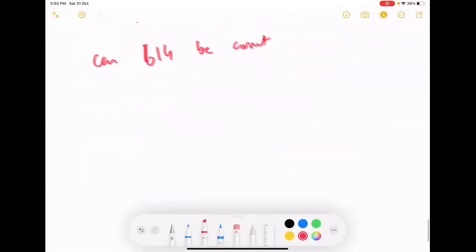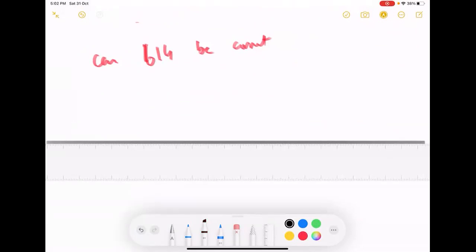So let's draw a number line. Here it is, the ruler. Okay, here's 620.